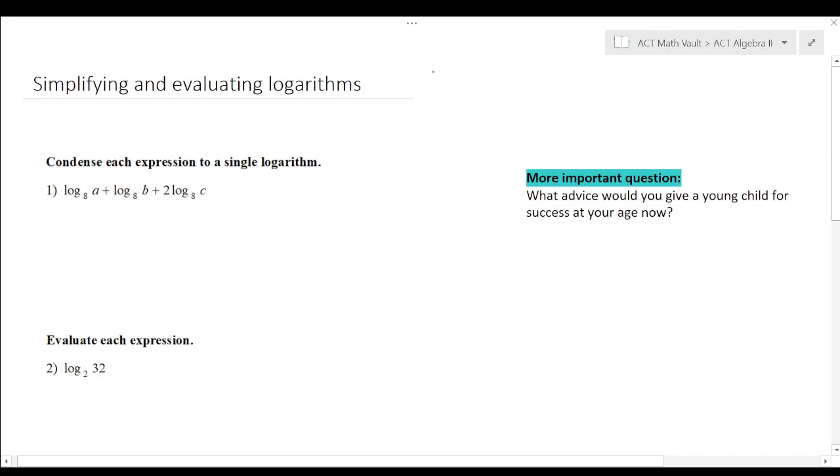So firstly, the easiest way to start is that we have exponential form, and that's a to the b equals c. So something to the something equaling another something.